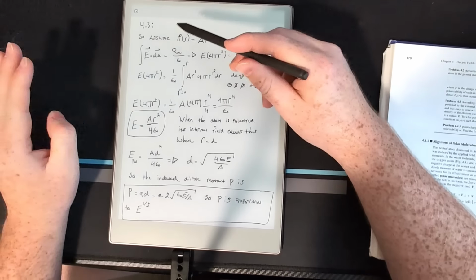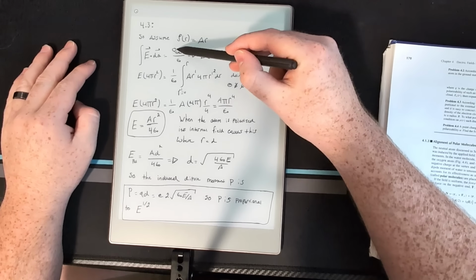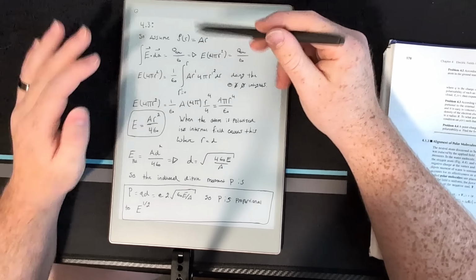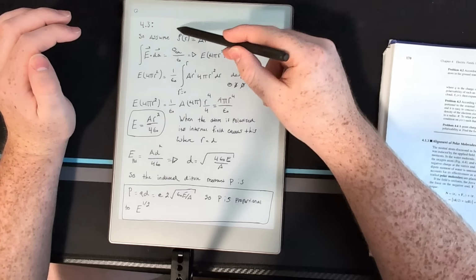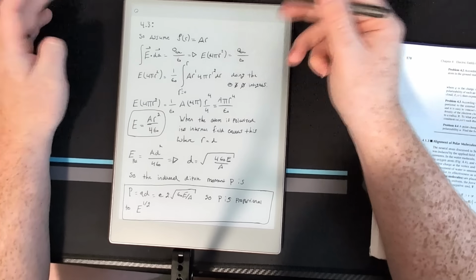The hard part is going to be the other side, where we need to figure out what Q enclosed is. The charge enclosed is not just a constant; we have to integrate over this charge density here, kind of like from the last problem, except we have a simpler function.